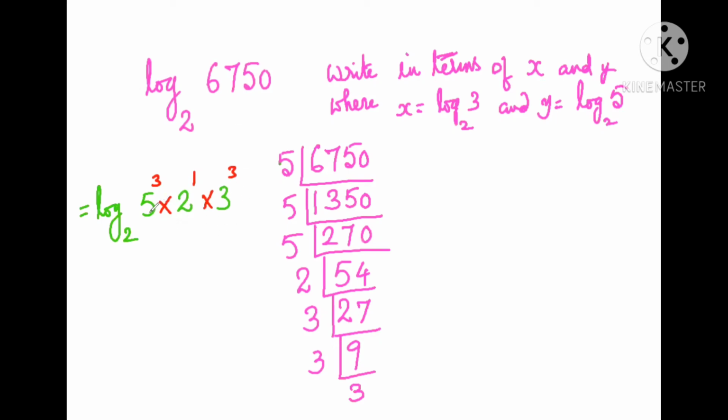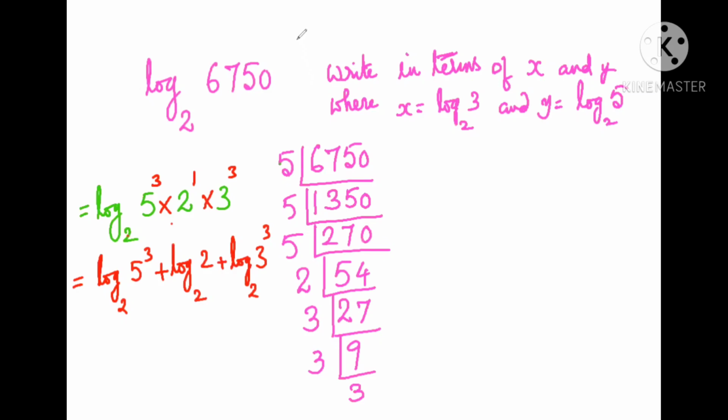Here is the logarithm of a product of three numbers. This can be written as the sum of logarithms: logarithm of 5 cube base 2 plus logarithm of 2 base 2 plus logarithm of 3 cube base 2. The base 2 is to be written for every term.